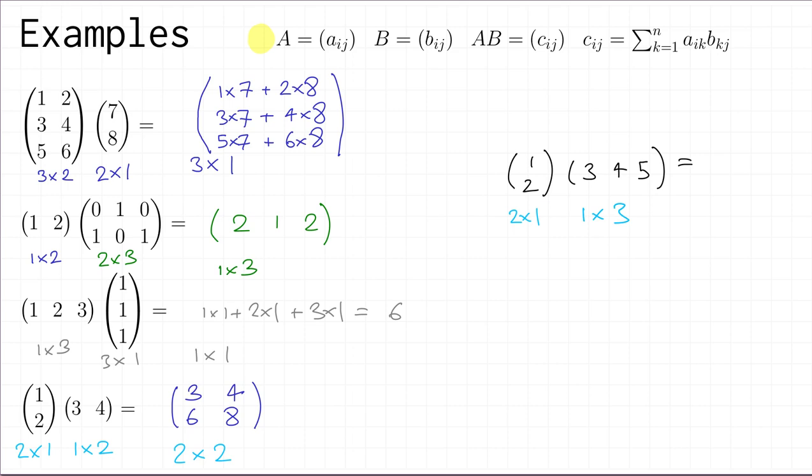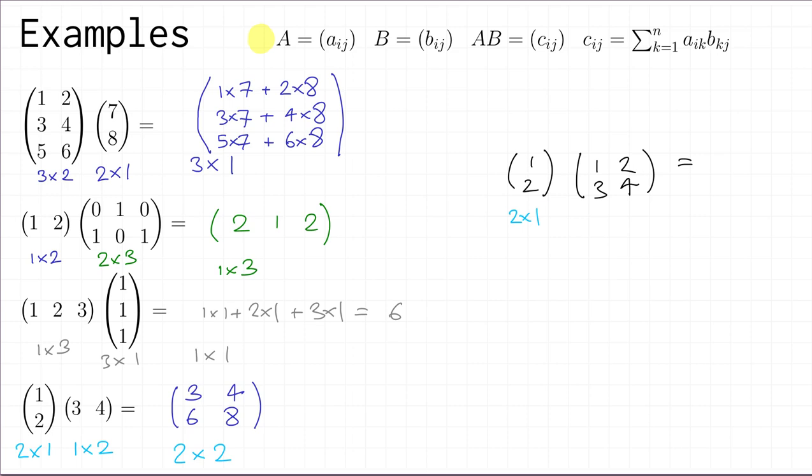But what if we did something different? So what if instead we tried to get rid of this and said, what if I had a 2 by 2 matrix? So if I had something like 1, 2, 3, 4, like this.